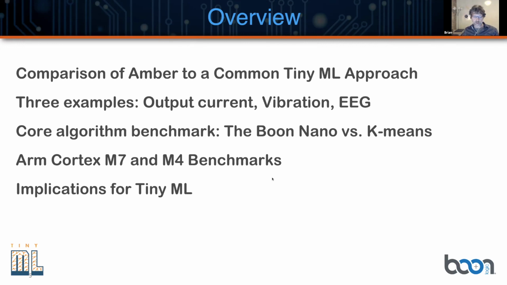One is output current of a motor and drive system, a vibrational example, and also EEG in brain. After we look at the examples, we'll look at a core algorithm benchmark against k-means, and then I'll hand it over to Rod, and he'll talk about the benchmarks on ARM Cortex M7 and M4. And then we'll have some time for a summary and some questions.